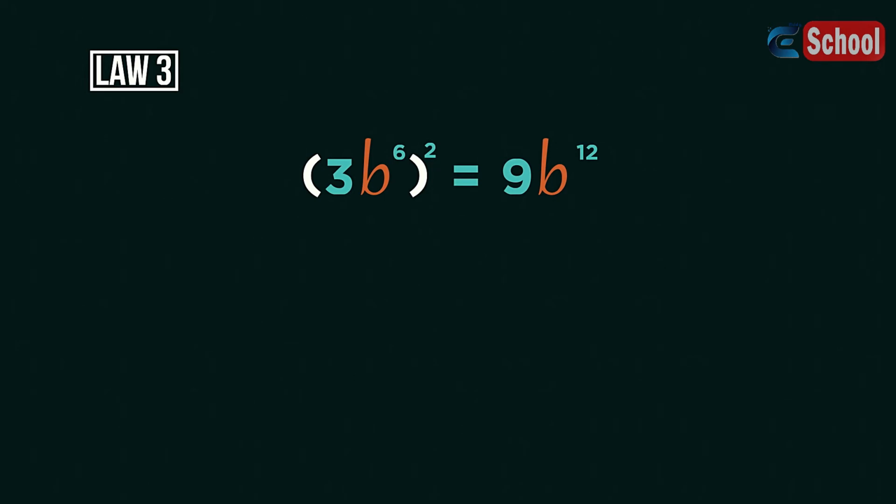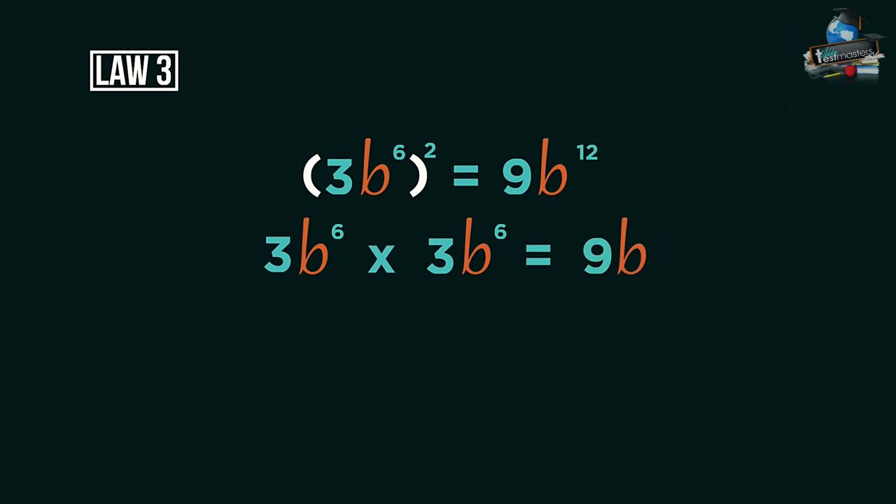If we wrote this out, it would be 3b6 multiplied by 3b6. And we know that when we multiply indices, we add the powers. So 3 multiplied by 3 is 9, and 6 plus 6 is 12. So just remember, when we raise a power to a power, we just multiply the 2 powers together. Where do you want to go next?